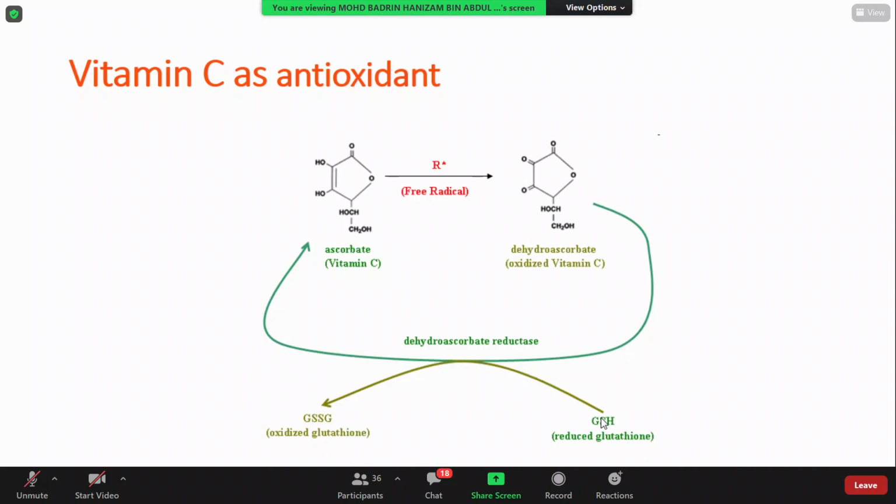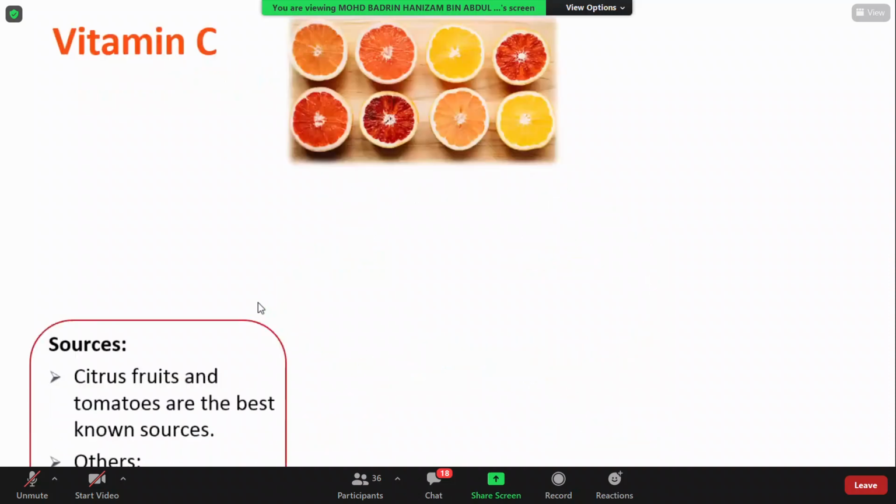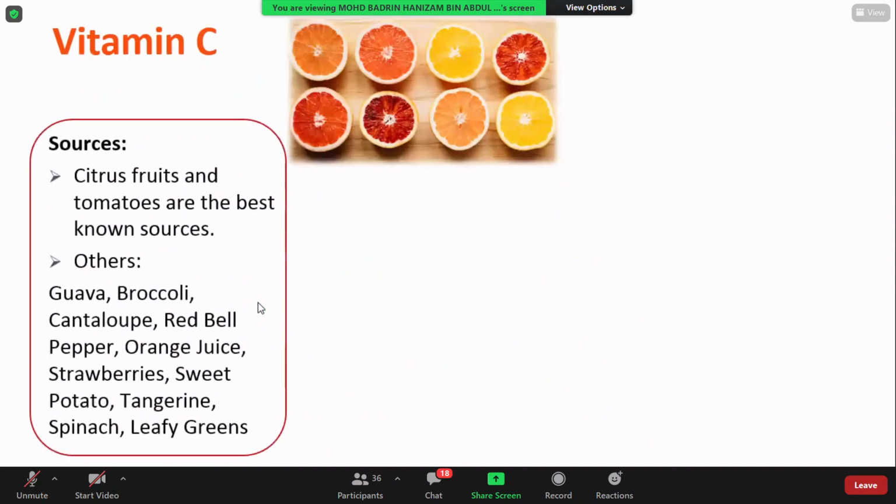Again, we already learned this in our food biochemistry, right? So GSH to GSSG by dihydroascorbate reductase, and then again forming ascorbic acid in this cycle process.